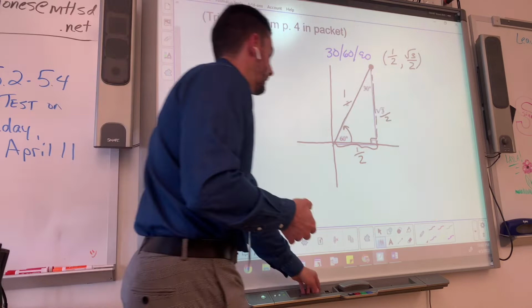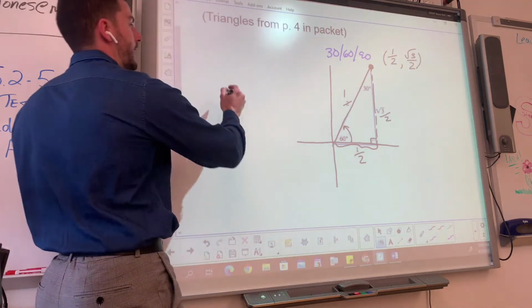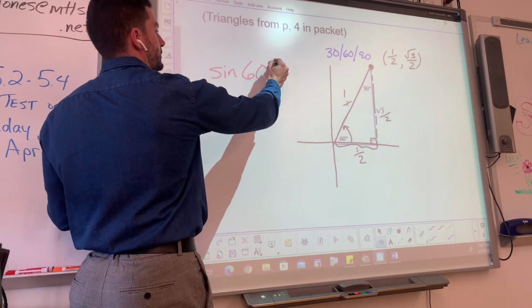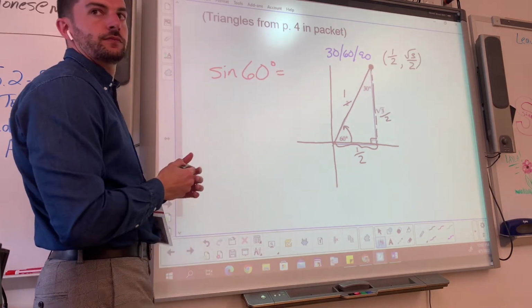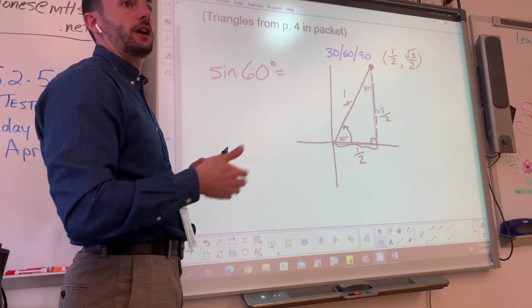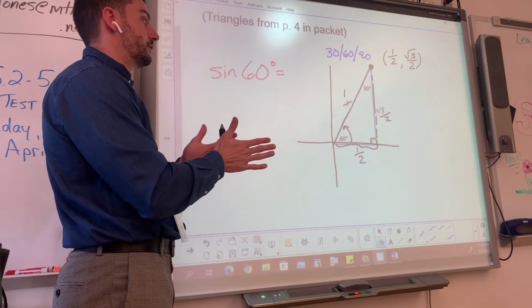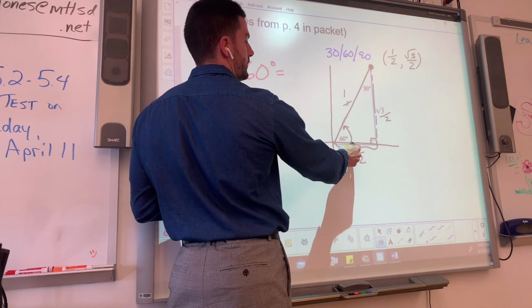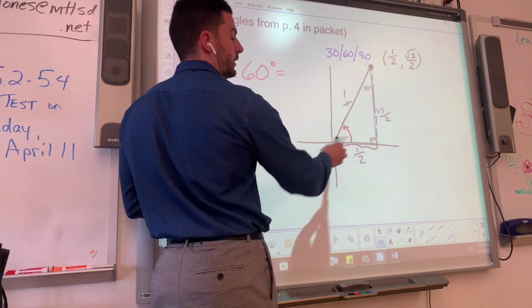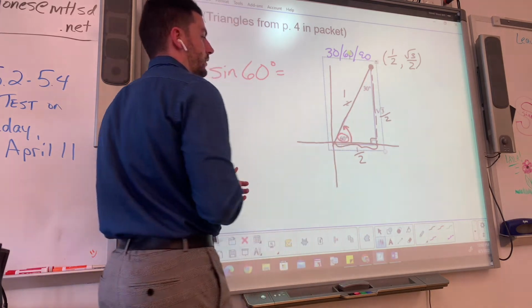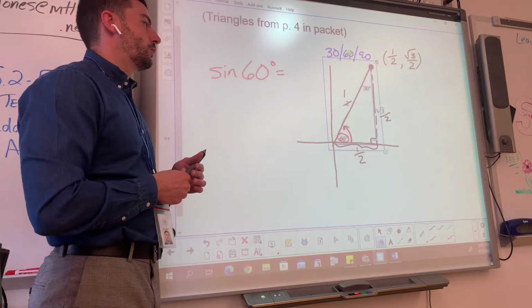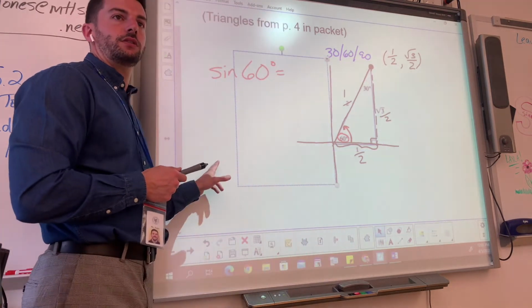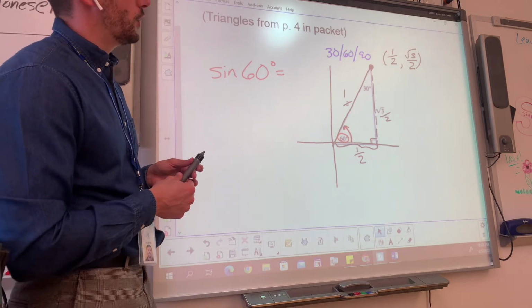Now the other extra thing with this: if I asked you what's the sine of that 60-degree angle, you remember this. If I asked you to find the sine of this 60-degree angle, what does that mean? Opposite over hypotenuse.